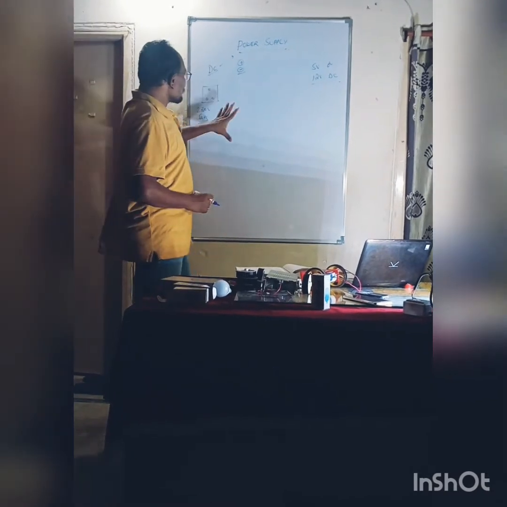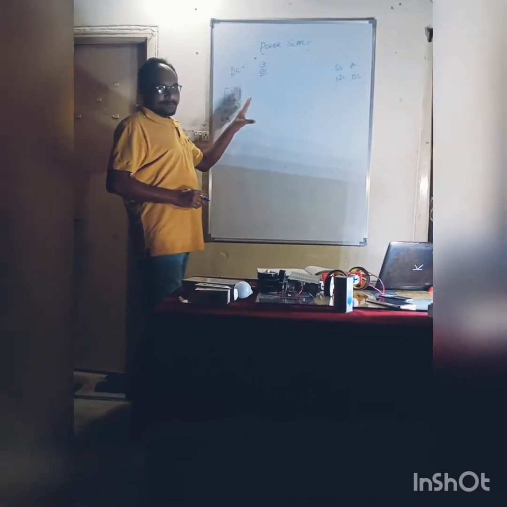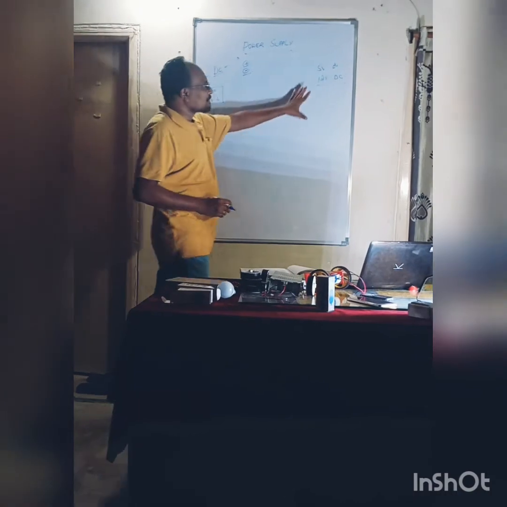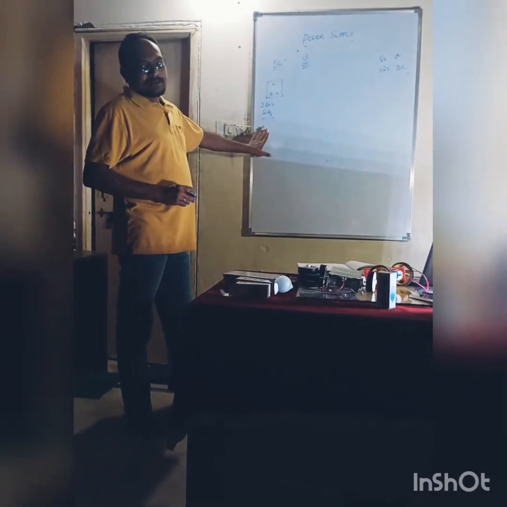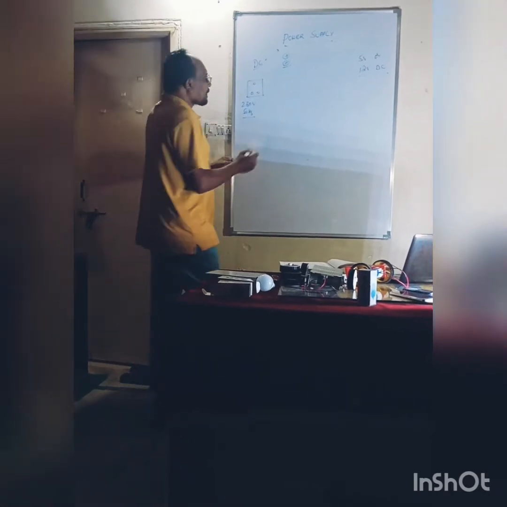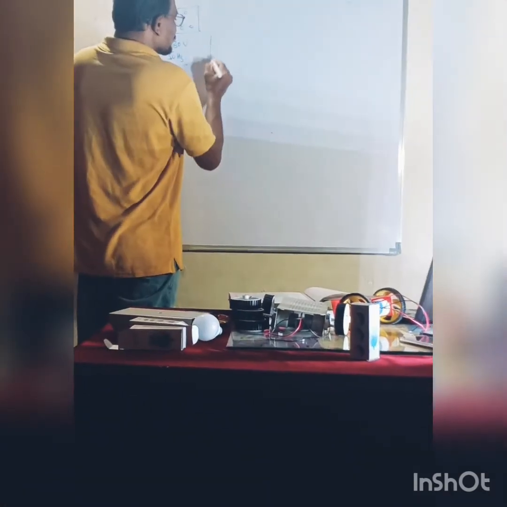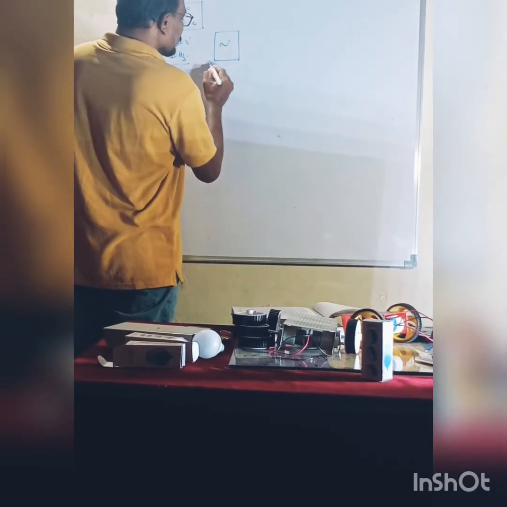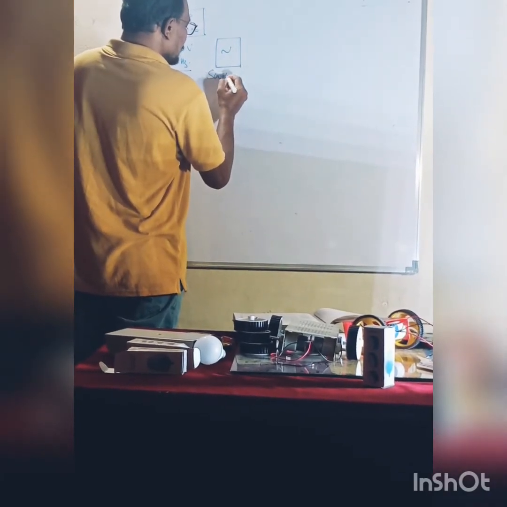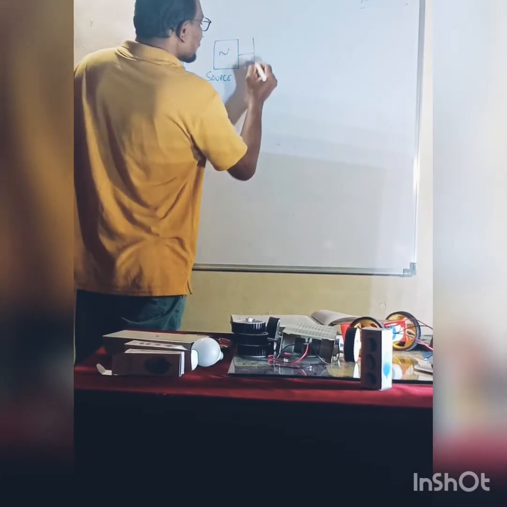Now I am going to explain how this 5 volts can be designed from this 230 volts AC. Again, block diagram. So first block is source. Second, step down process.